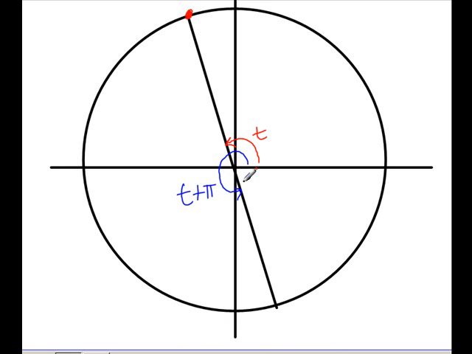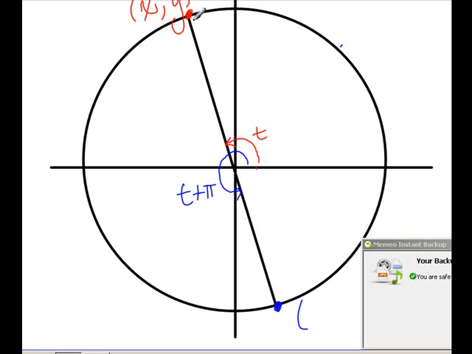So if angle T is in the second quadrant, T plus pi is in the fourth quadrant. If angle T were in the first quadrant somewhere, T plus pi would be directly across that in the third quadrant. Now think about this. Whatever the coordinates are for angle T, since we've gone directly across the circle, notice that our x coordinate for angle T, at least where I've drawn it, has to be a negative number.